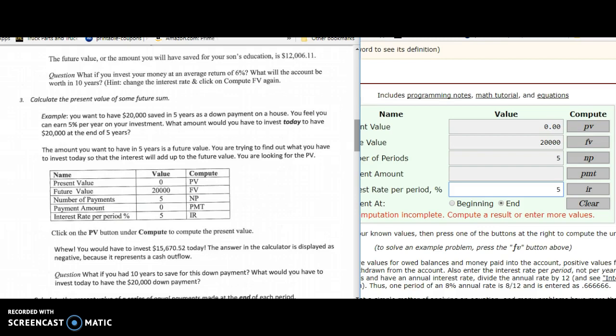So it's not asking for a monthly payment or a yearly payment. What would you have to put in now, earning 5%, so that it would have 20,000 at the end of 5 years? Now is present value, and you would need to put right now 15,670.52, 5% interest for 5 years, it would grow to be $20,000 if you just left it.